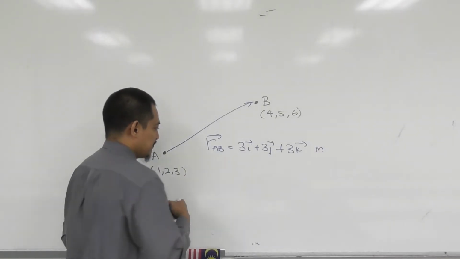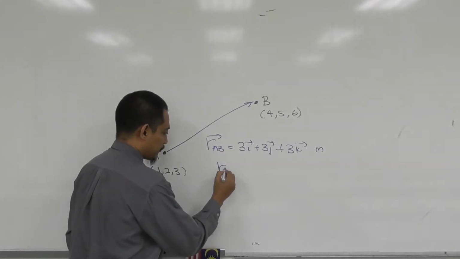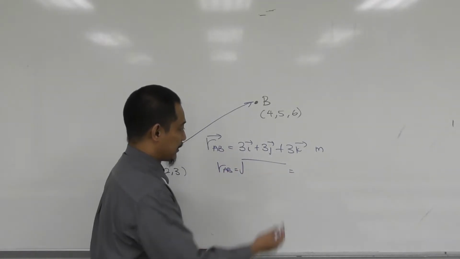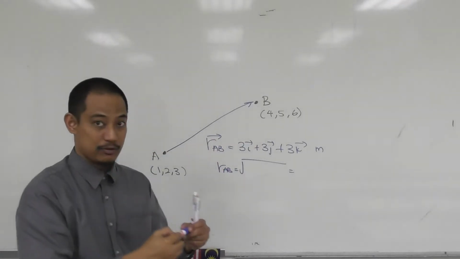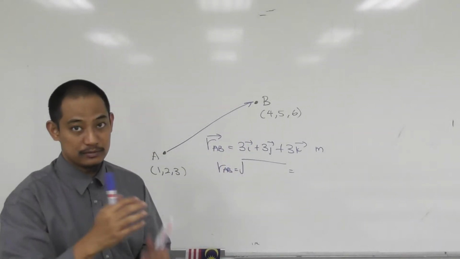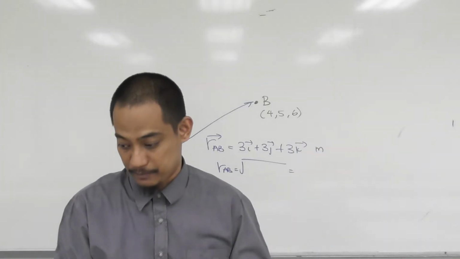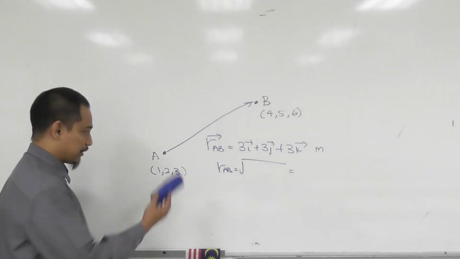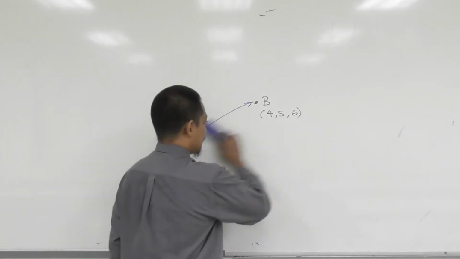If you get the magnitude of RAB, which is the square root of this expression, you get the actual distance between these two points. So why do we learn this? Because of something like this.